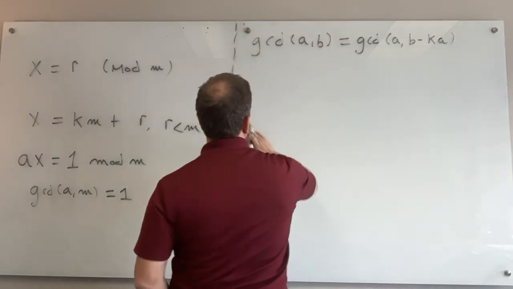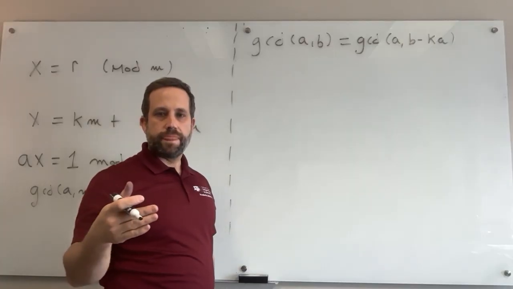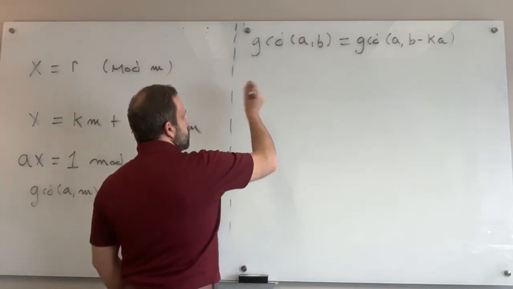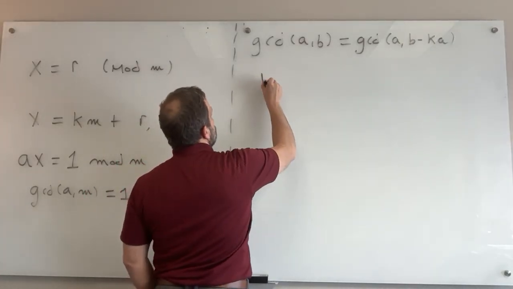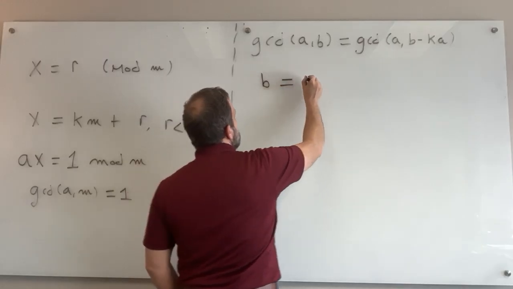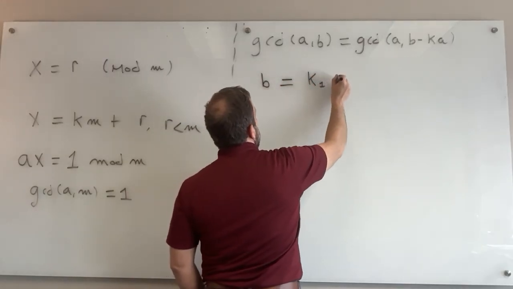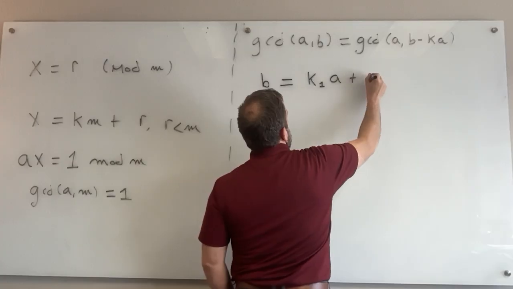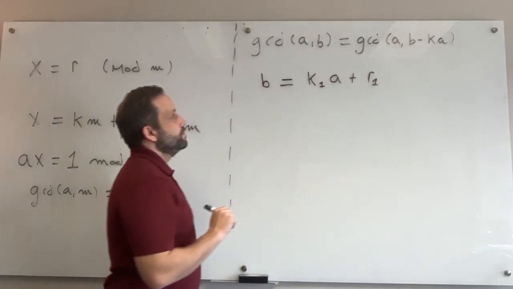I'm going to explain how this algorithm will go, and then I'm going to illustrate it. First, we use the division algorithm to say B is equal to K1 A plus R1.